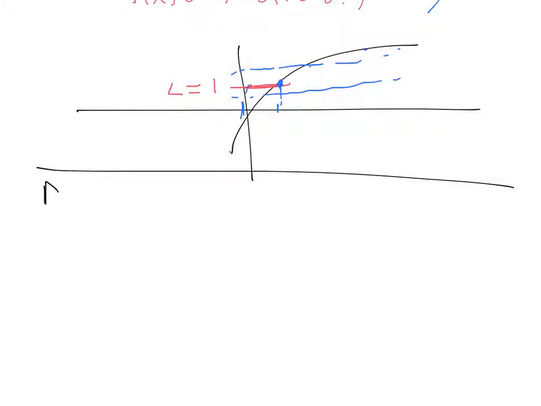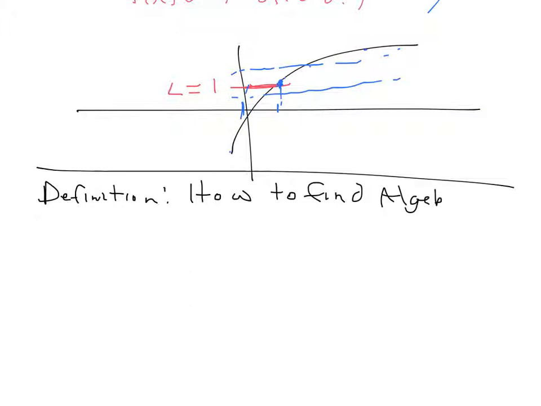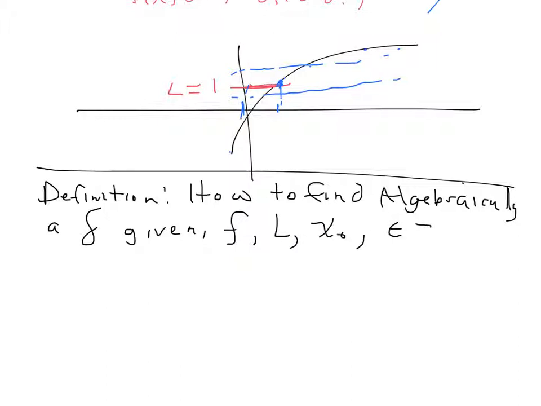So the definition of how to find algebraically a delta, given a function, a limit, an x naught, and an epsilon greater than 0, what we just did.